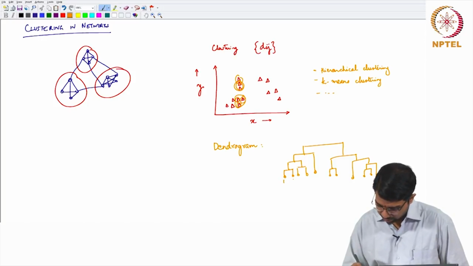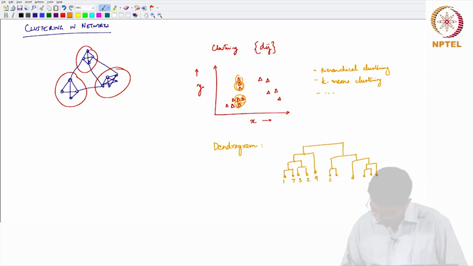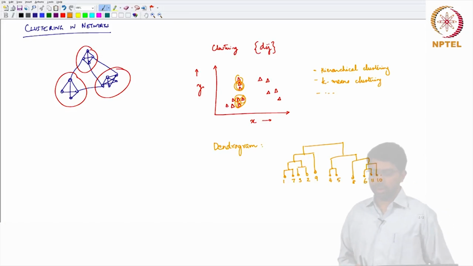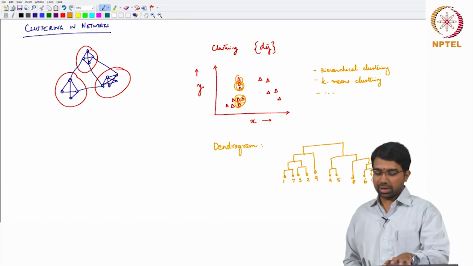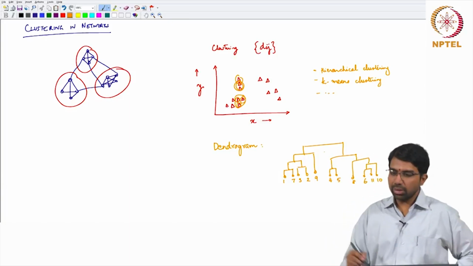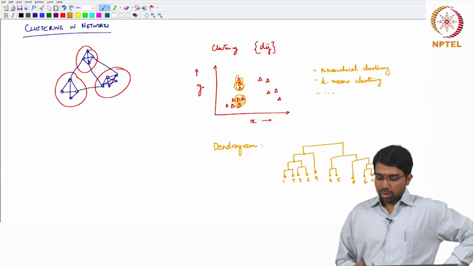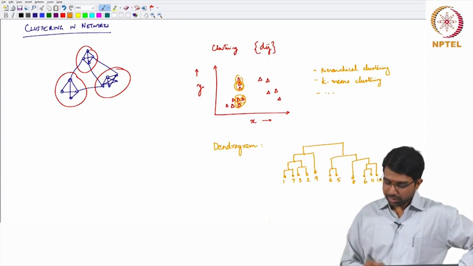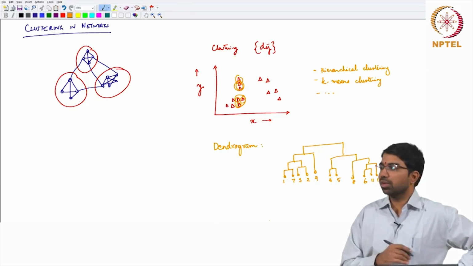So, let us say 1, 7, 3, 2, 9, 4, 5, 8, 6, 11, 10, something like that. Whatever are your points, I have not exactly mapped it to this figure, but what this gives you is you can cut at different levels to get different clusterings.